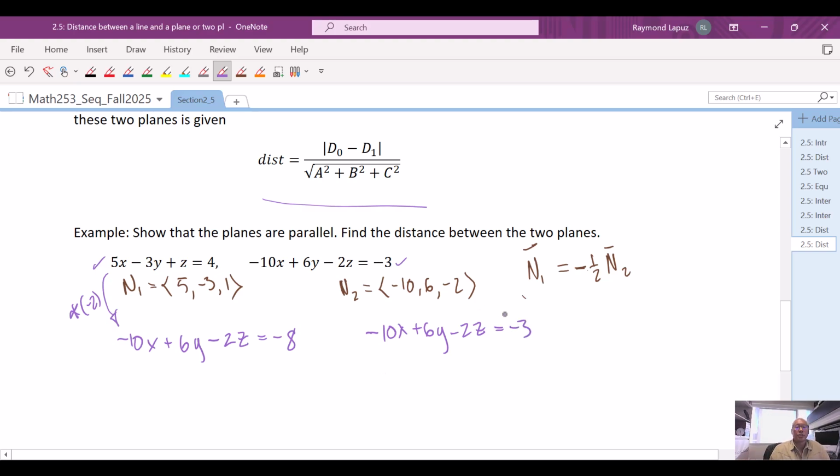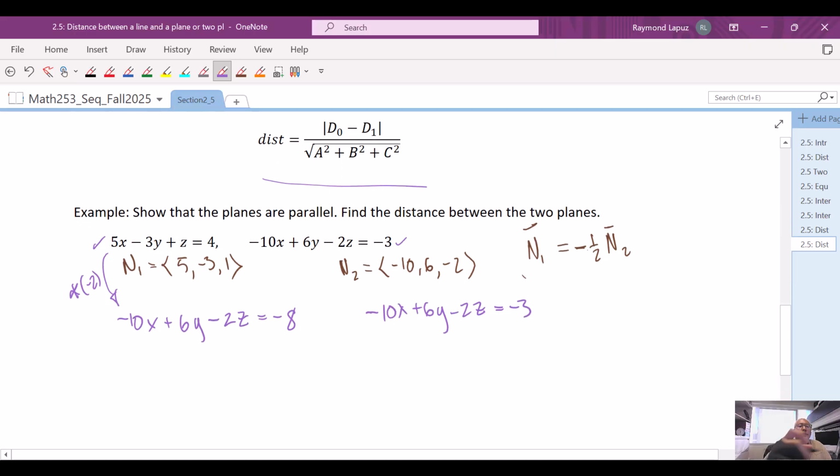That doesn't change. All right, so now to take advantage of our distance formula, our distance will be equal to, well, the denominator will just be the magnitude of the normal vector. So it's the square root of 10 squared plus 6 squared plus 2 squared, and I'm eliminating the negative sign because I'm going to square everything anyways. And then the numerator is just going to be the first d, that's -8, minus the second d, -3.